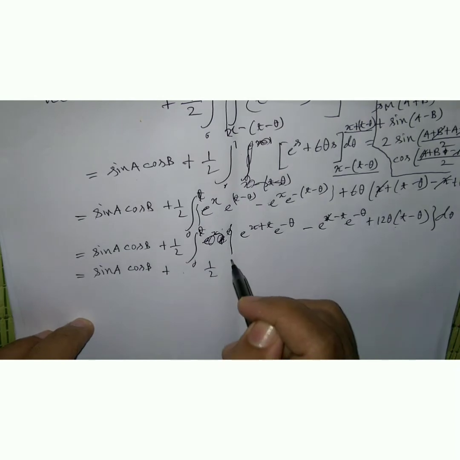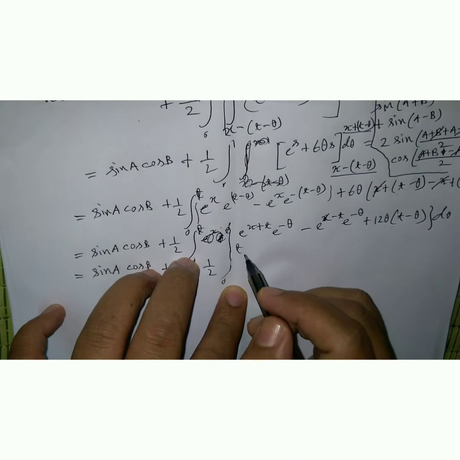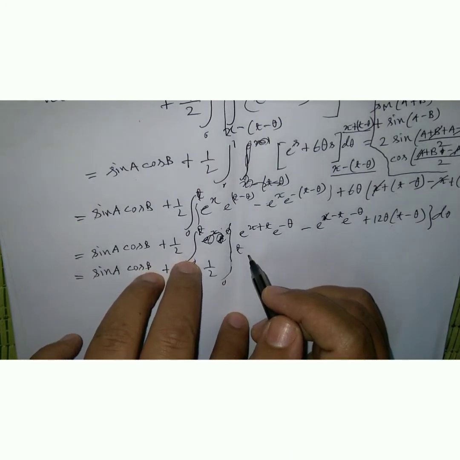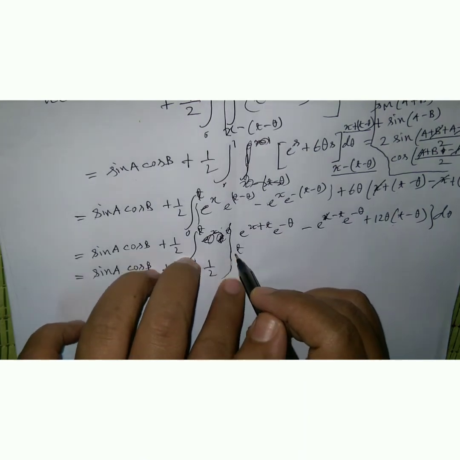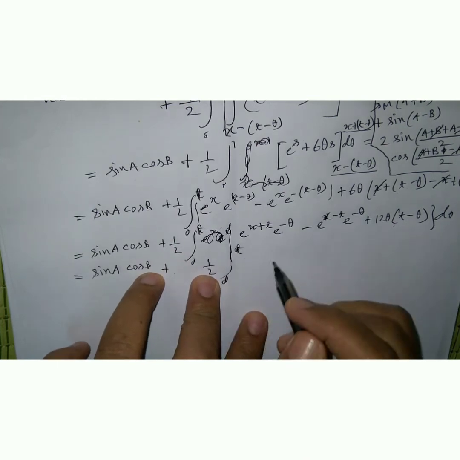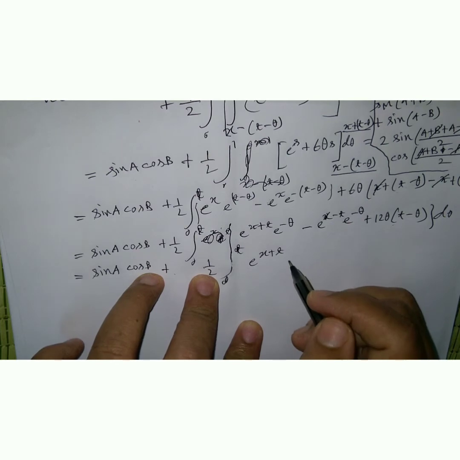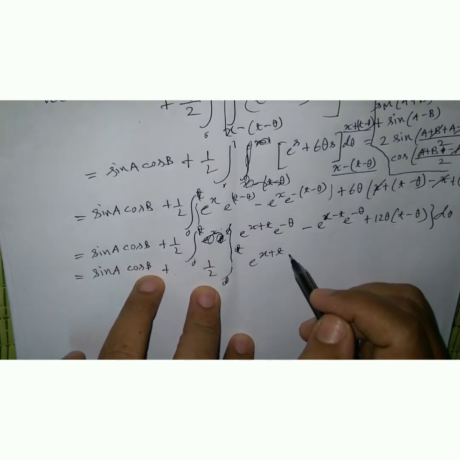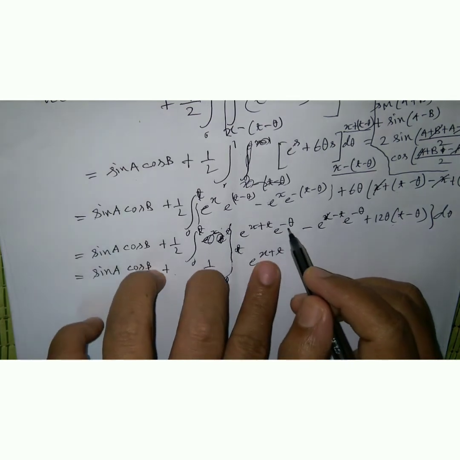Half into 0 to t, whatever we get. If we want to integrate, then we write e to the power x plus t and e to the power minus theta.